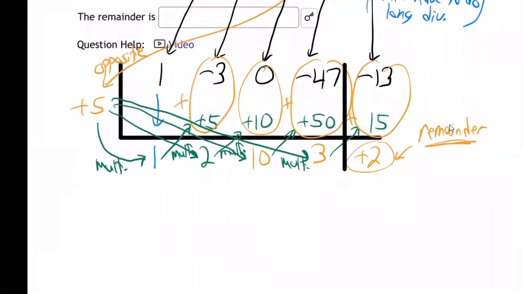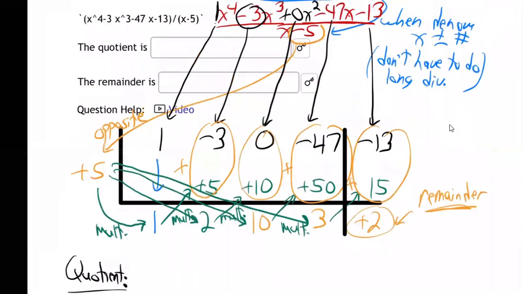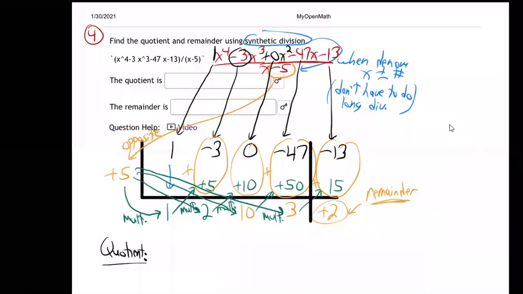So then what's our answer to this problem? Our answer, or quotient is what I should say. Remember what you do? You take the original power, which was x to the fourth, and you lower it by 1. This is x to the third, right? You lower the powers by 1.